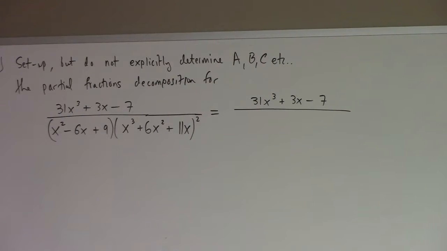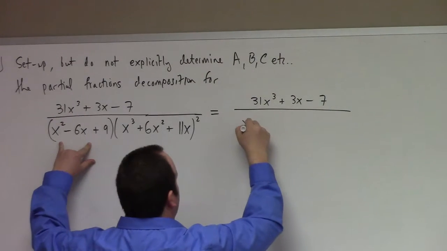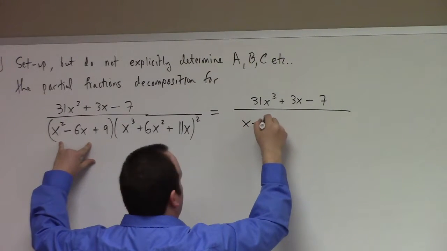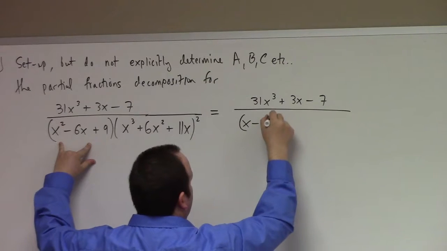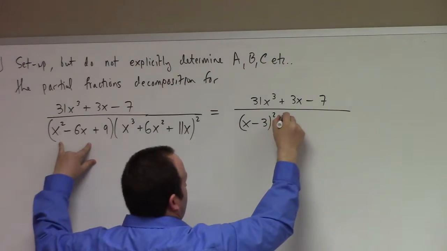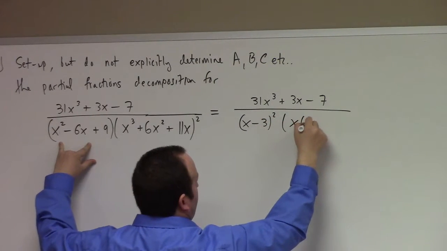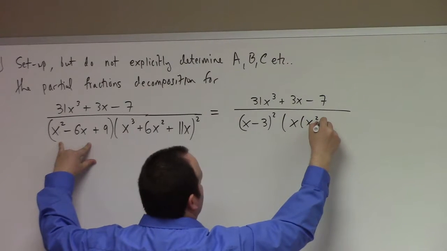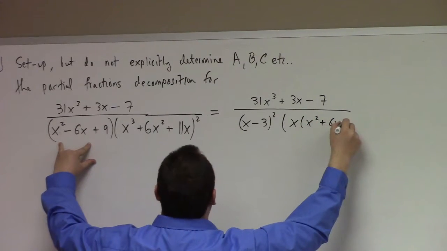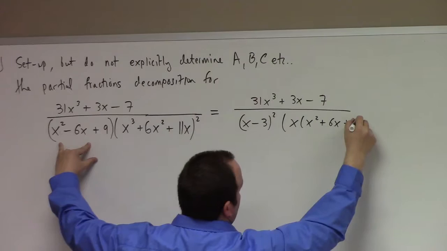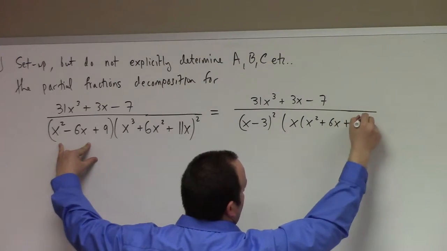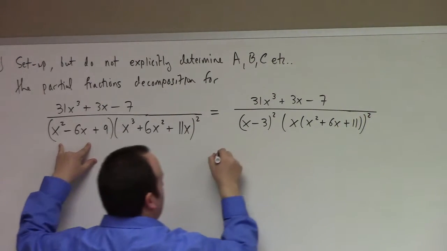On top we have 3rd order, so it's a proper rational function. And you can factor this, right? This is x minus 3 quantity squared, right? And then what's this? This is actually x times what? x squared plus 6x plus 11, right? Quantity squared.